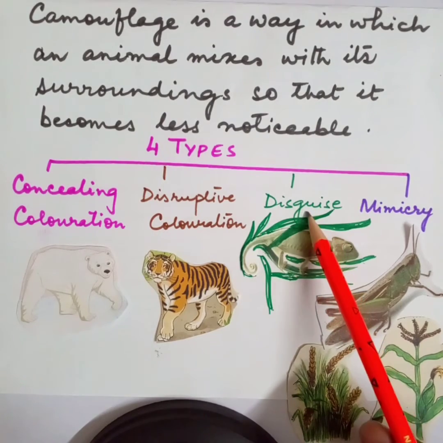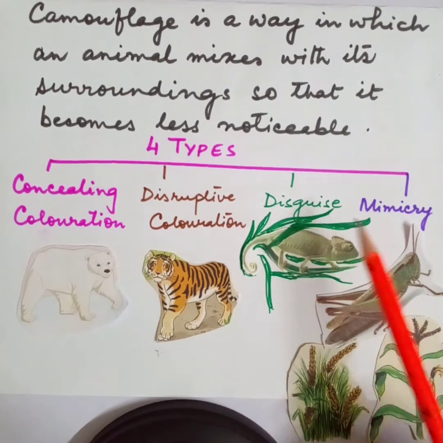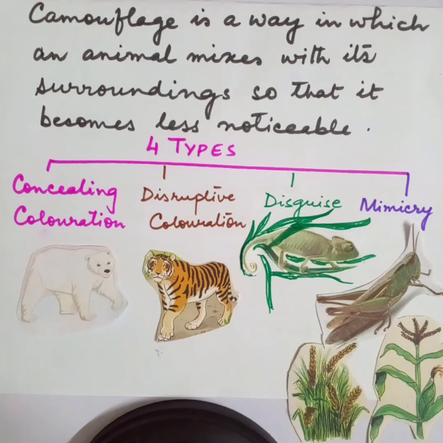The next is disguise. To hide by covering or making harder to see is disguise. The example is chameleon. A chameleon can change its body color according to the surroundings.